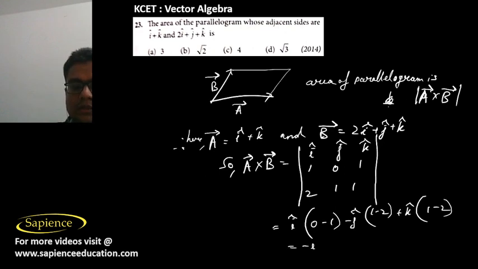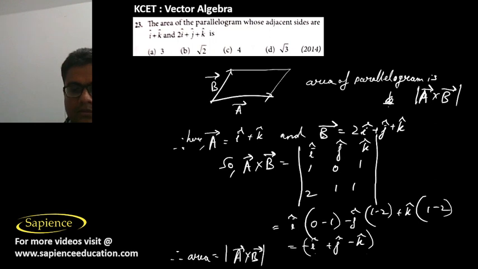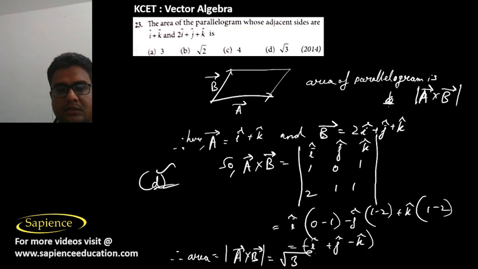This will be minus I cap plus J cap minus K cap. Therefore, the area will be equal to the magnitude of A cross B, that will be equal to root over 1 square plus 1 square plus 1 square, so that is root 3. So option D is the correct answer.